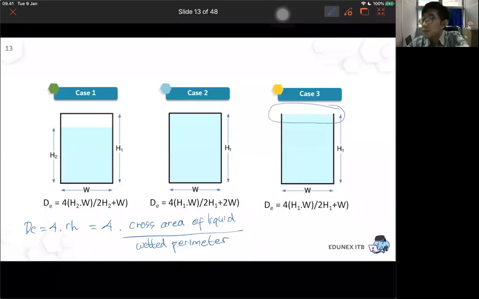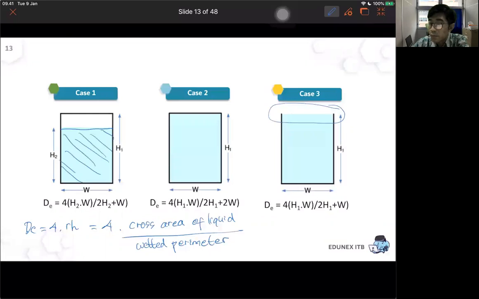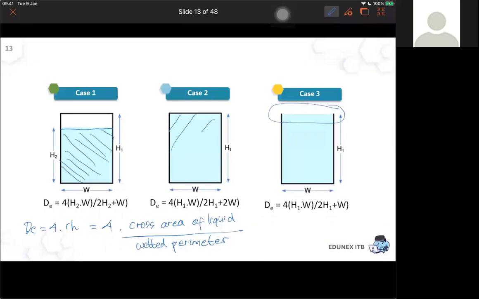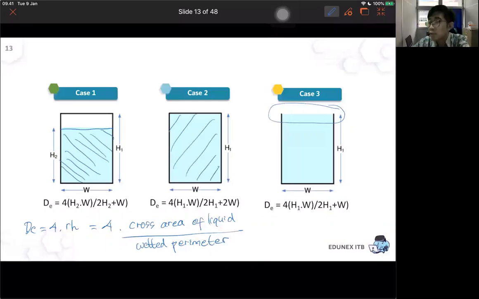For the first case, the cross-sectional area will be this one only. For the second case, the cross-sectional area is this one. And for the third, it is the same.